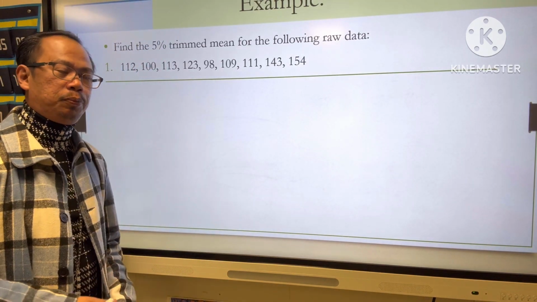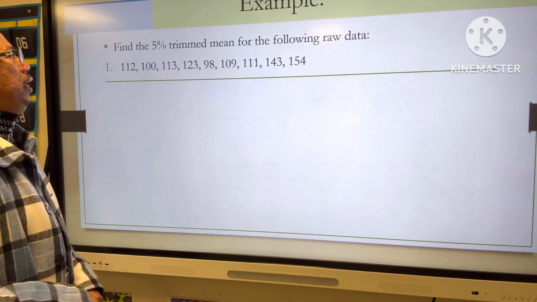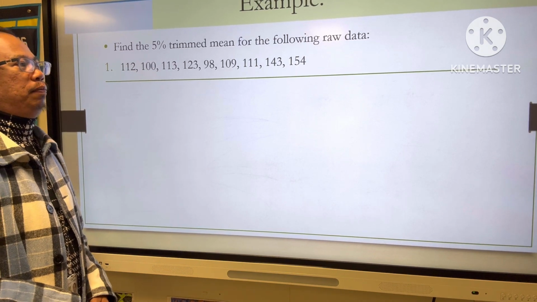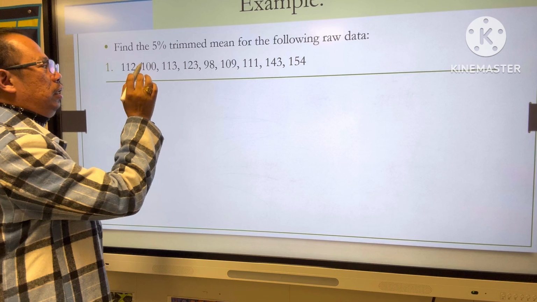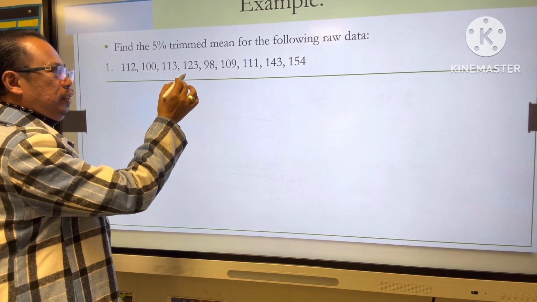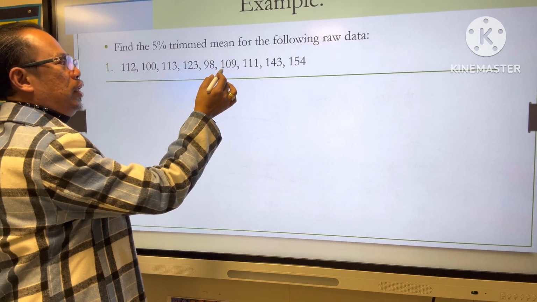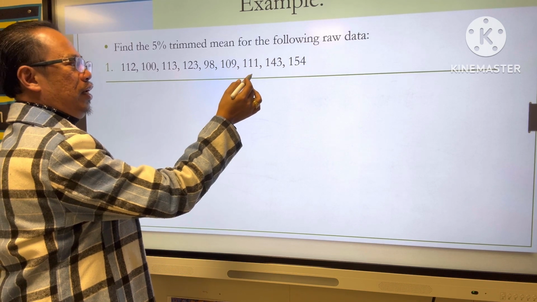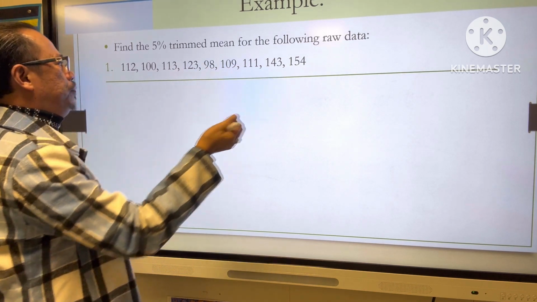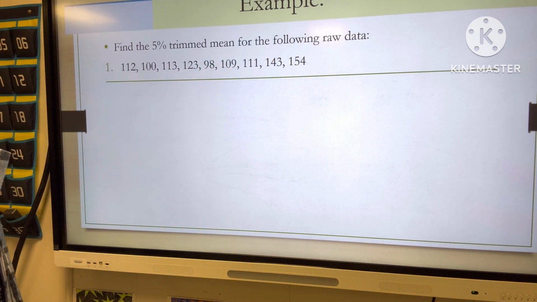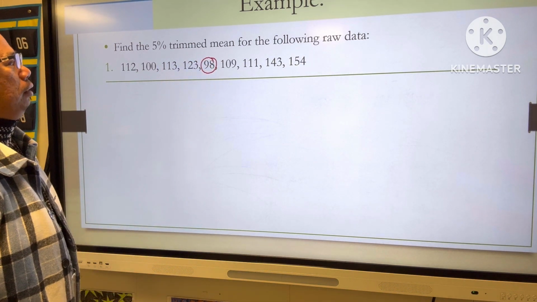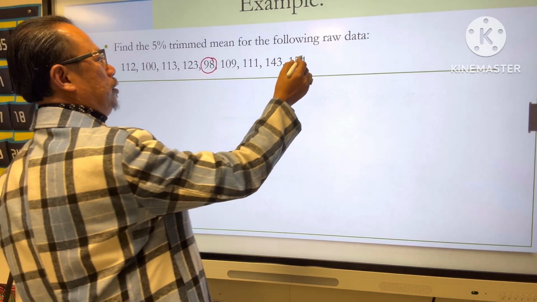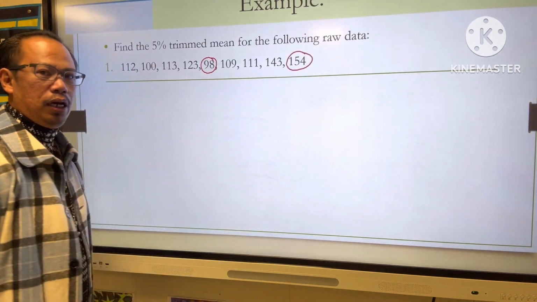Our next problem. Find the 5% trim mean for the following data. We got 112, 100, 113, 123, 98, 109, 111, 143, 154. So the lowest value is 98, right? Then the highest is 154.